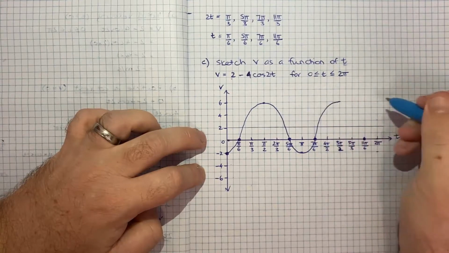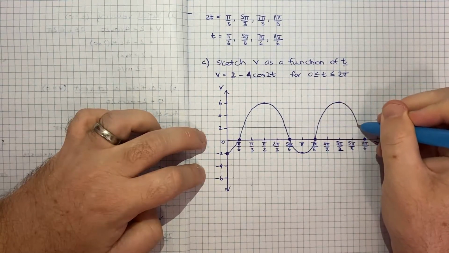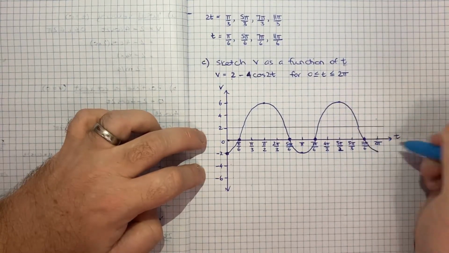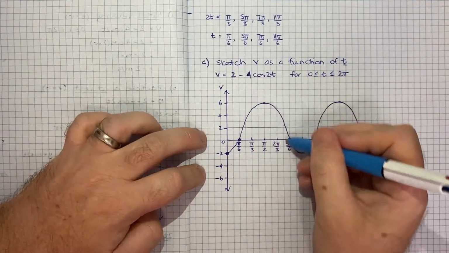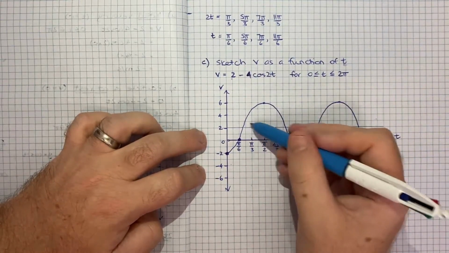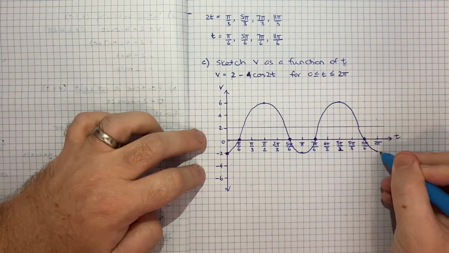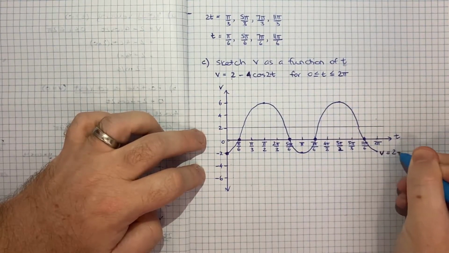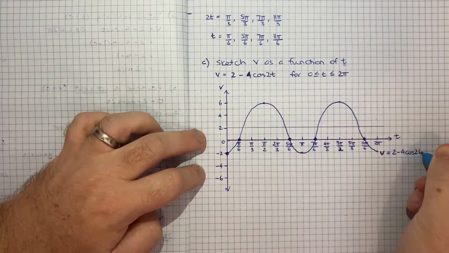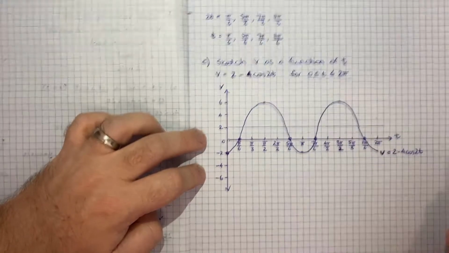And it's probably not the best drawing in the world, but that's the basic shape. A computer would do a much better job of drawing this, but this is the curve v is equal to 2 minus 4 cos 2t in this domain.